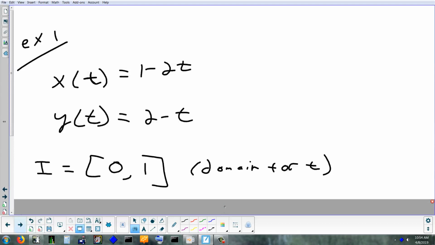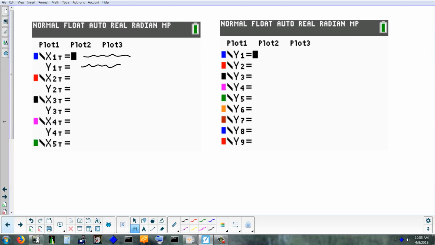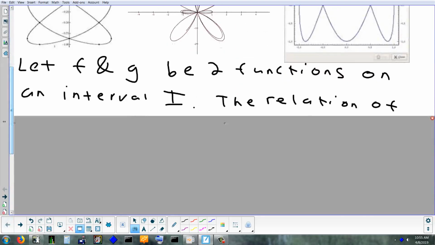And the letter they use is t. Now, technically, you could plug in anything you want for t, but they don't want you to. They only want you to plug numbers in between 0 and 1. Why? Well, that's the problem. That's what they want you to do. So you're always going to be given an interval for what you're allowed to plug in. So we'll talk more about that interval later on.